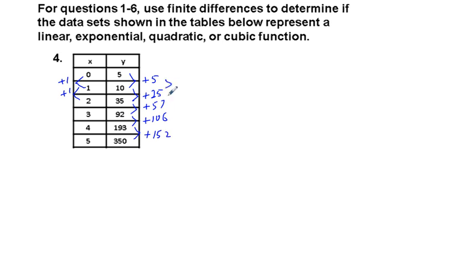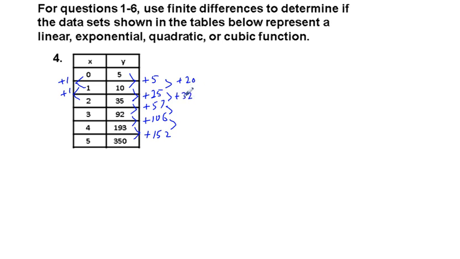We have definitely not linear. We go to our second differences, 25 minus 5, which is plus 20. Then 57 minus 25, that's plus 32.